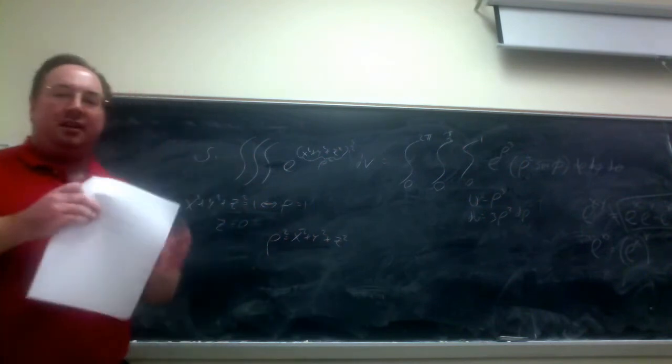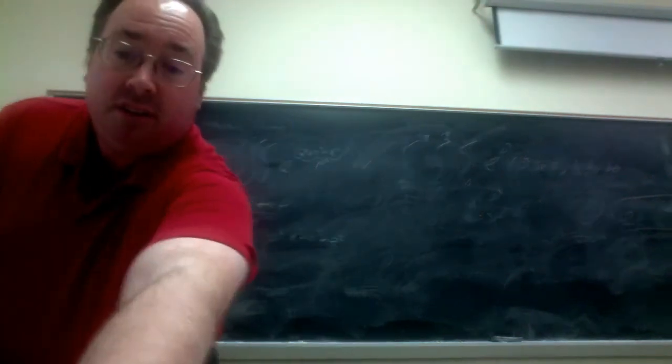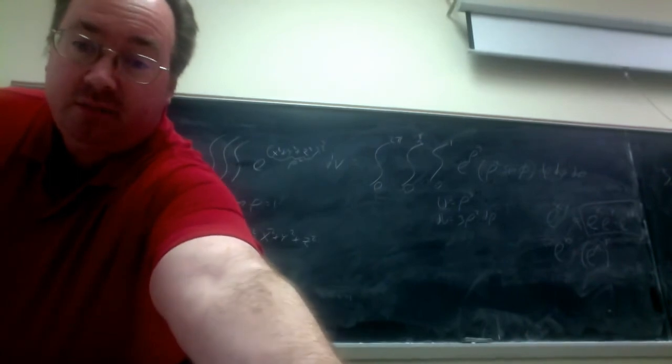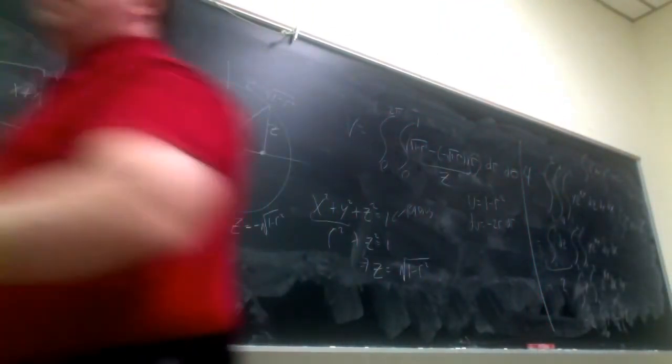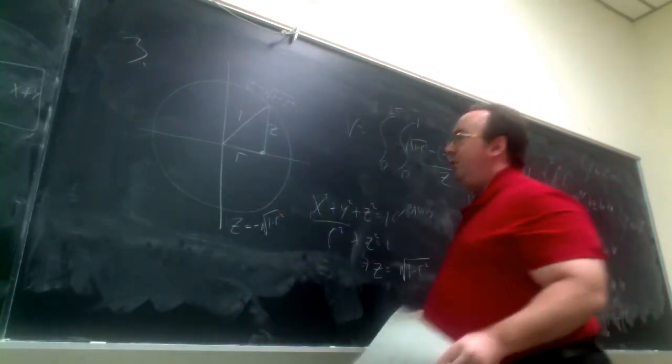Okay. Number 6. All right, so there are 3 things I was looking for. One is, did you get the right limits, which most people did? Did you rewrite the integrand correctly, the e to the xy?